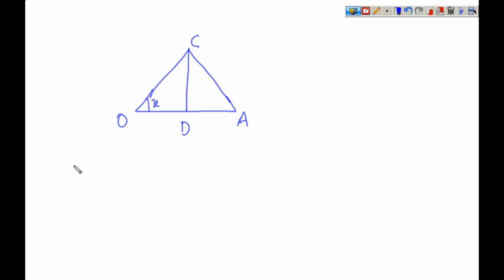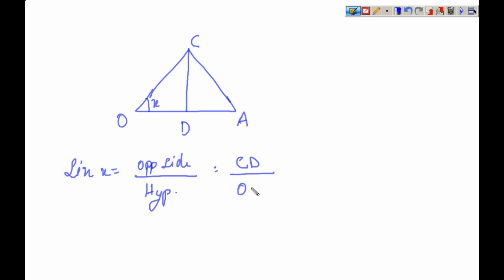So we know that sine x is perpendicular by hypotenuse, or opposite side by hypotenuse. The opposite side in this triangle is CD, so we have CD by OC.